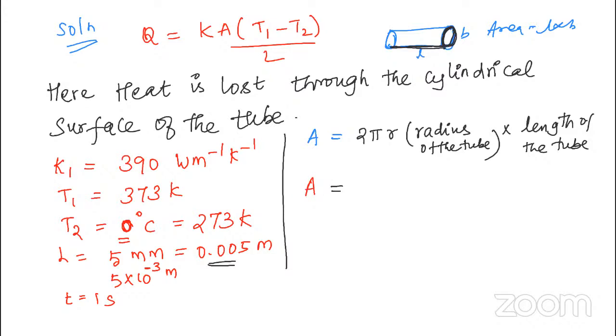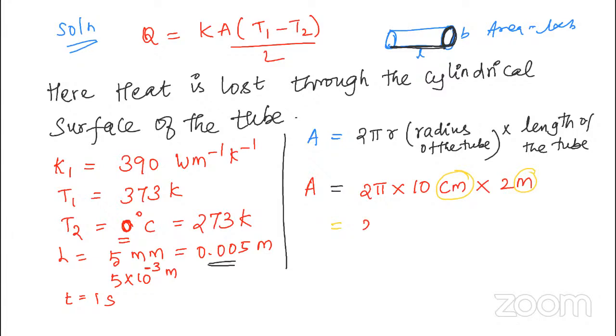A is equal to 2 pi R L. Radius is 10 centimeter, and the length is 2 meter. Notice that here it is centimeter and here it is meter, so next step, you have to convert it into meters.